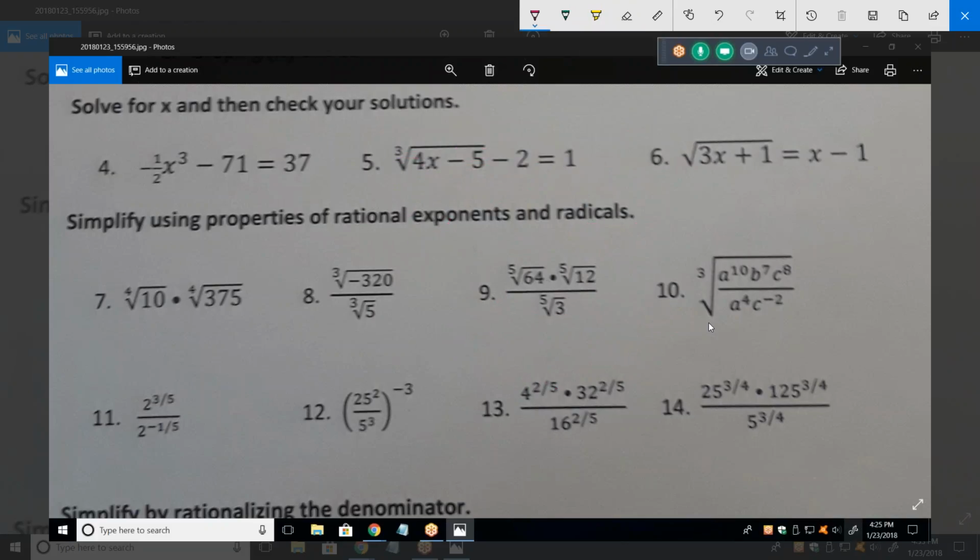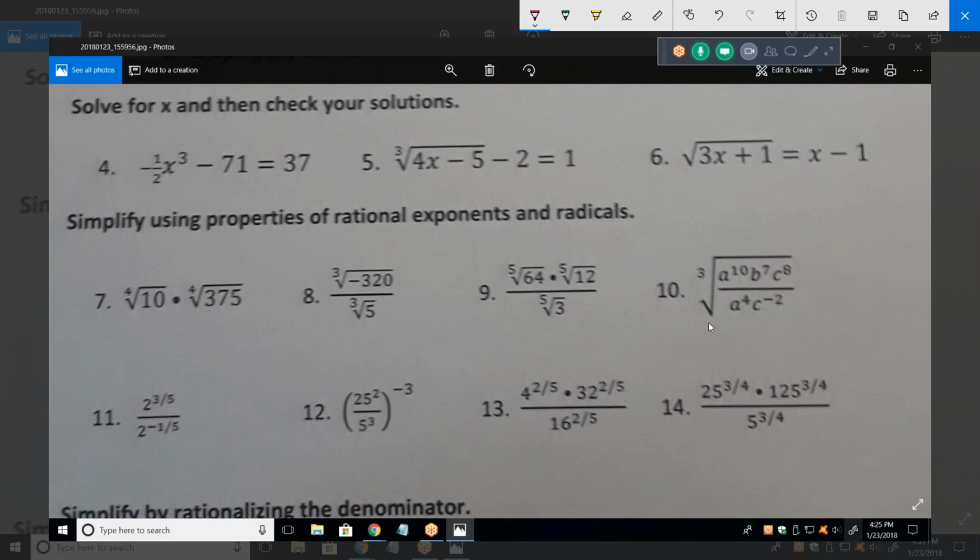Okay, number 6. A little different. Tell me what the first step's going to be. Square both sides. Good.